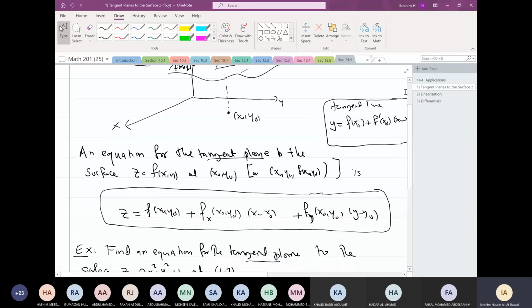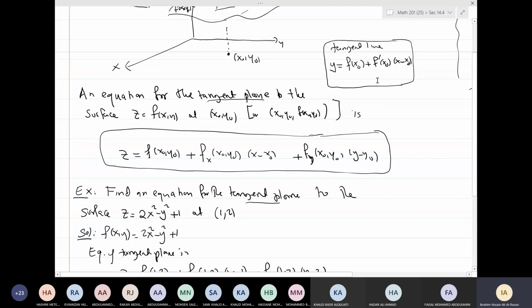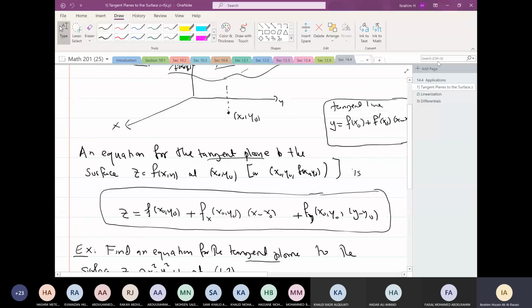If you compare the equation of the tangent line and the new equation for the tangent plane, it is similar in form. So the value of the function at the point, then the derivative times the change, and now you have two derivatives, one with respect to x and one with respect to y, times the corresponding changes. So this is the equation of the tangent plane.